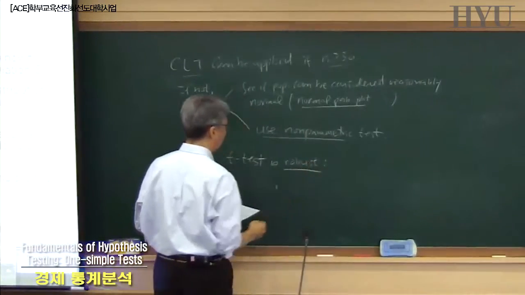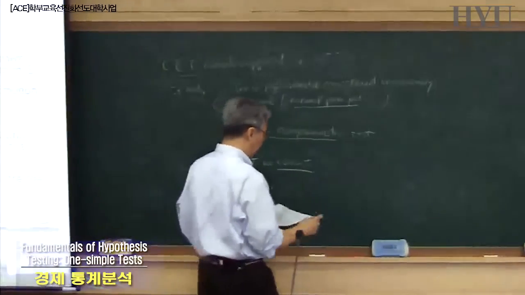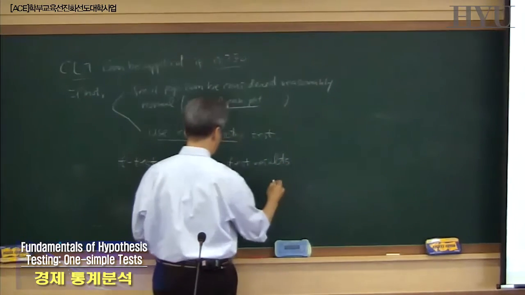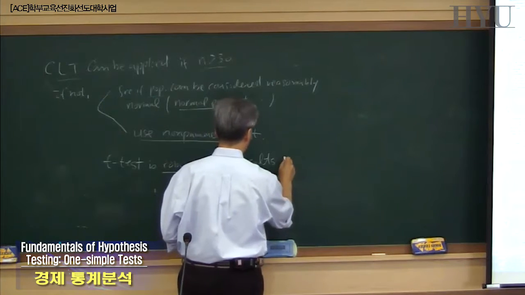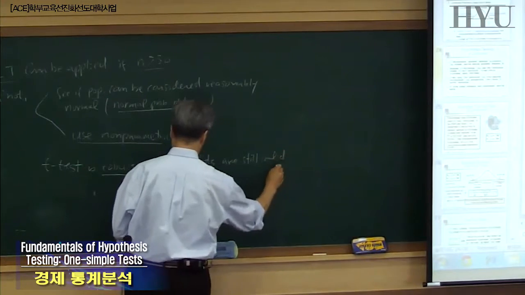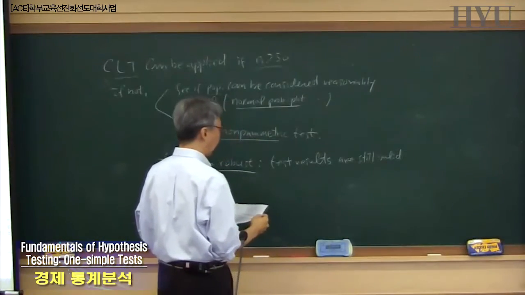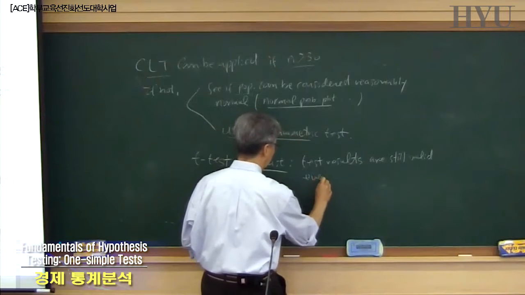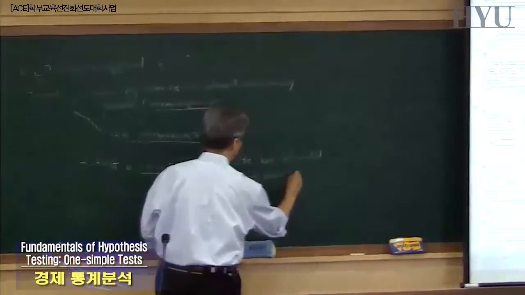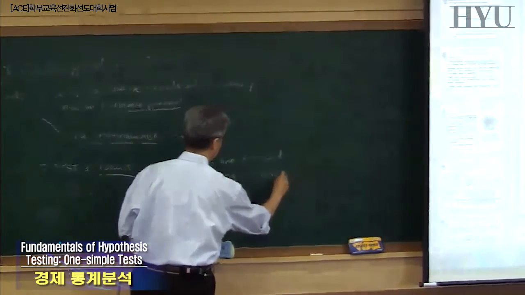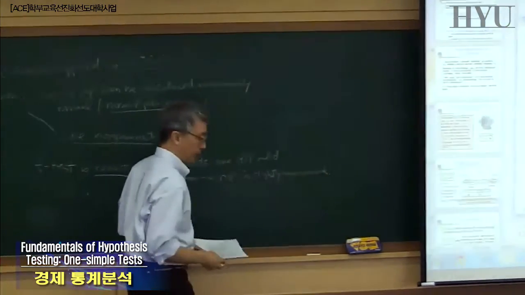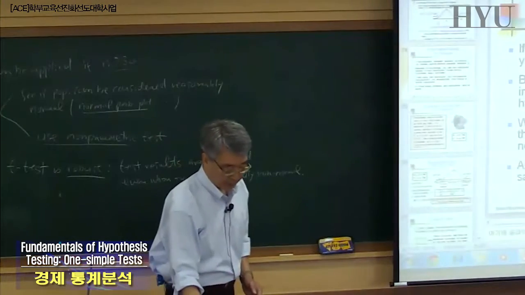In statistics, robust means this: test results are still valid even when the population is slightly non-normal. Okay? That's what we mean by the t-test is robust.